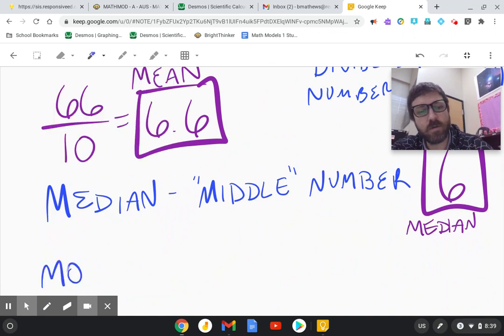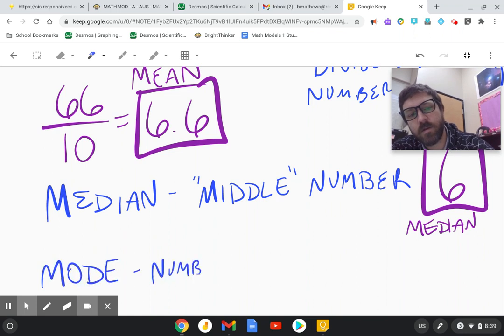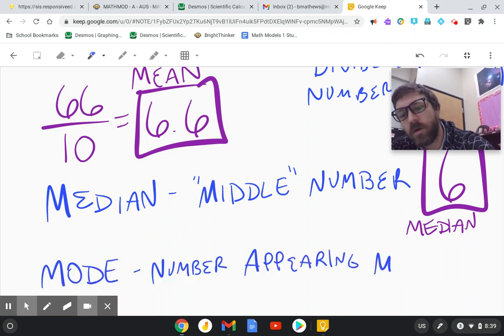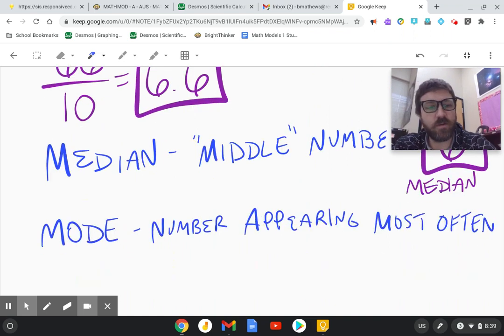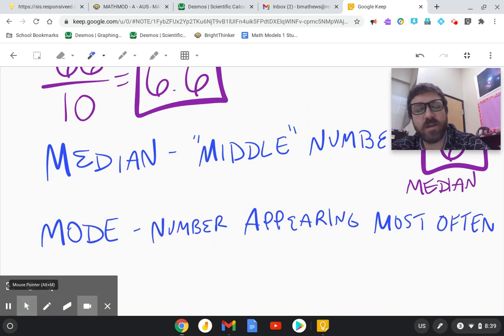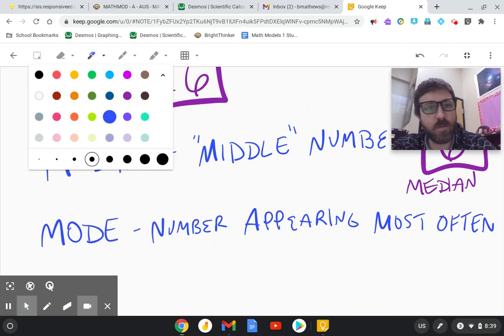Then we have the mode. It is the number appearing most often. So you look at your list, and if there's a number that appears more times than any other number, then that is your mode.